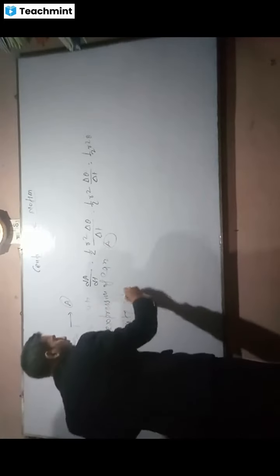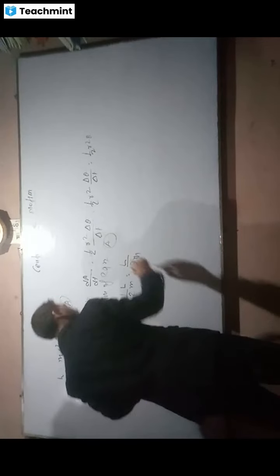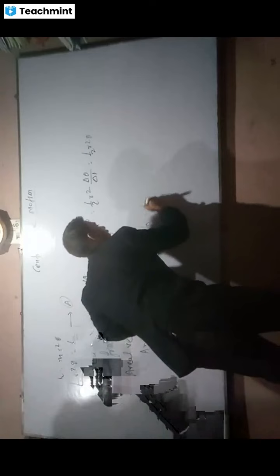From the expression of equation A, areal velocity equals half r square theta dot equals half of L upon m, that means areal velocity will be equal to L upon 2m.